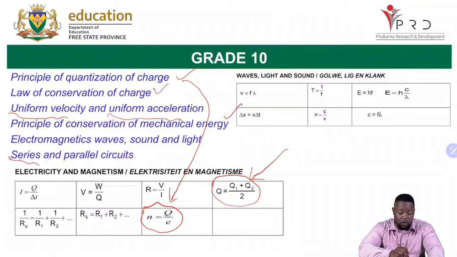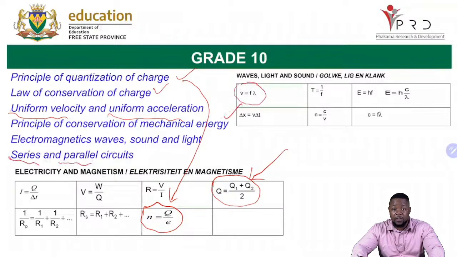And then your knowledge of series and parallel circuits from grade 10 will be very important to revise as well. Now, we also have this formula, v equals frequency multiplied by wavelength, that will be used in your Doppler effect. That is a formula that was learned in grade 10 through the knowledge of waves, sound, and light.